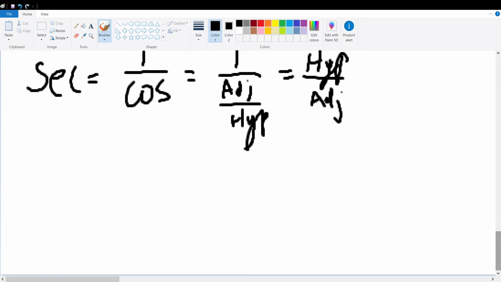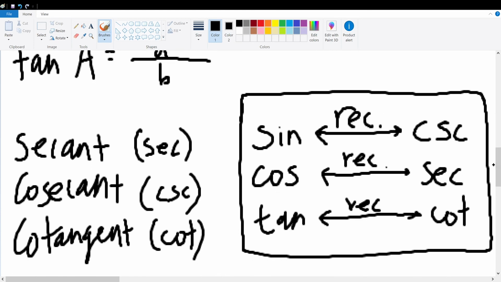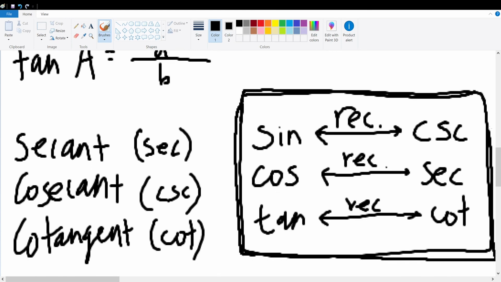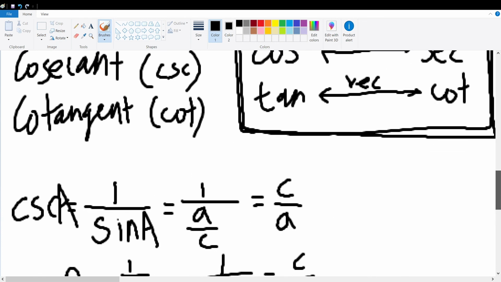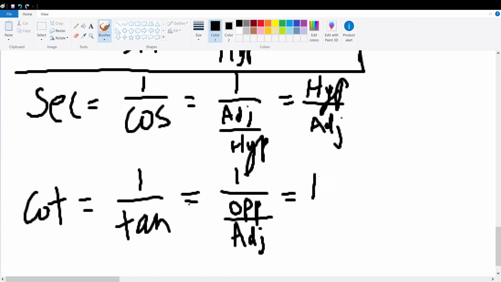Then we have cotangent as 1 over tangent, knowing that sine is the reciprocal of cosecant, cosine is the reciprocal of secant, and tangent is the reciprocal of cotangent, respectively. Cotangent is 1 over tan, which is then equal to 1 over opposite over adjacent, relative to tan's given angle, which can then be rewritten as adjacent side over opposite side.